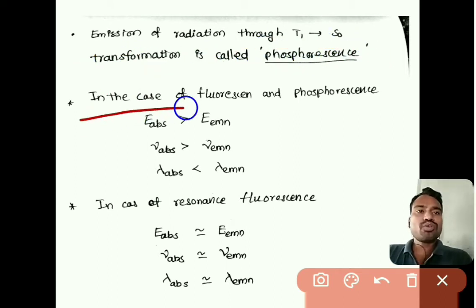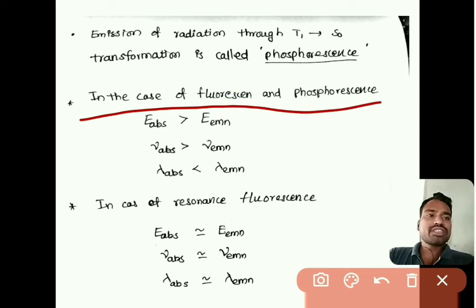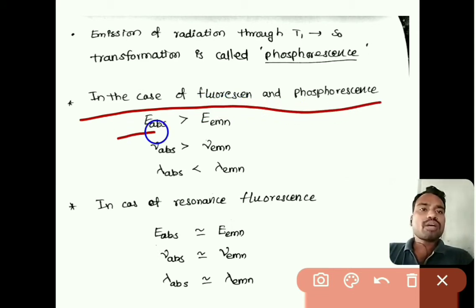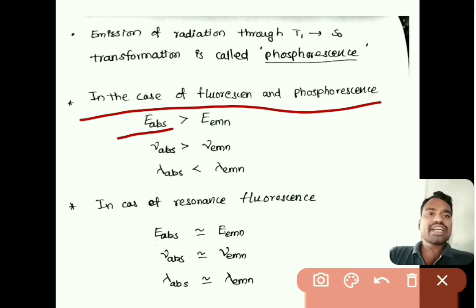So in the case of fluorescence as well as phosphorescence, the absorbed energy is always higher than the emission energy. For example, if it absorbs 100 joules of energy, we may get 99.5 only. We may not get 100% energy.